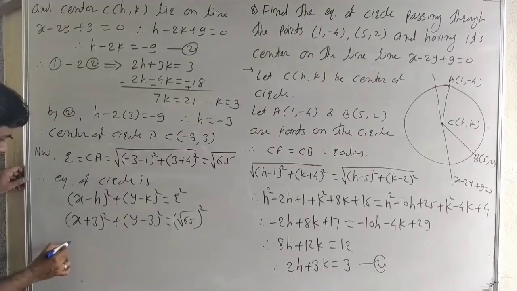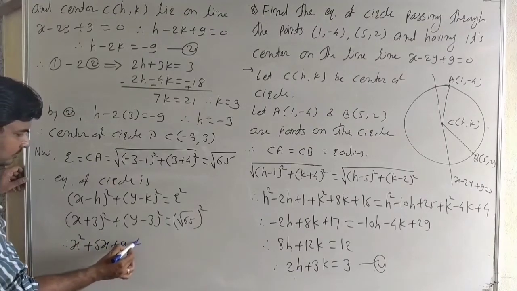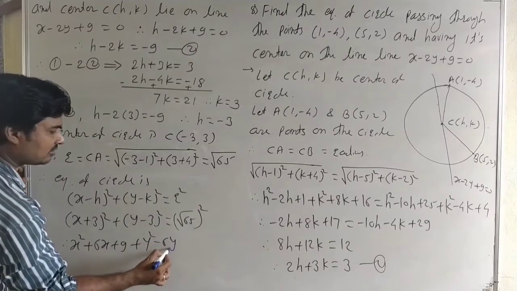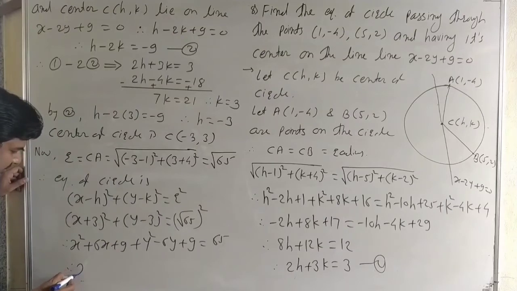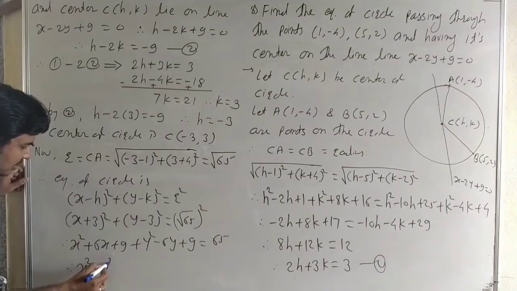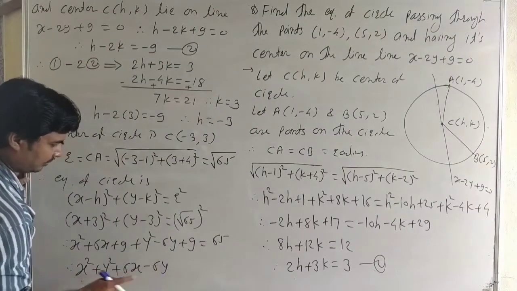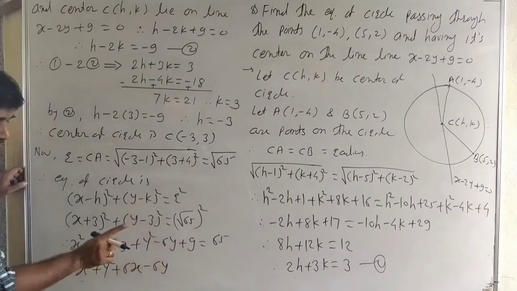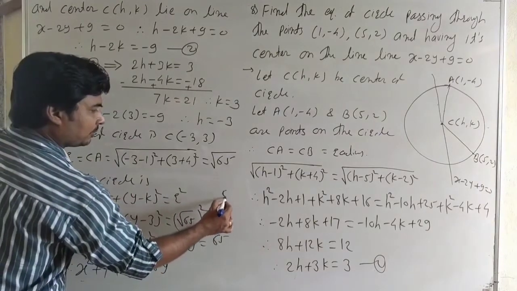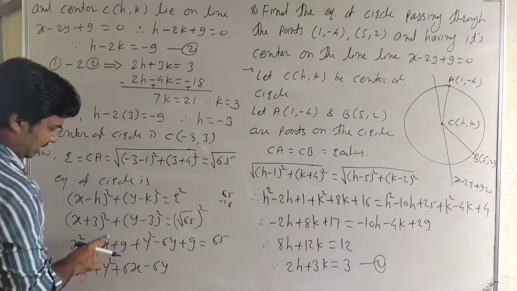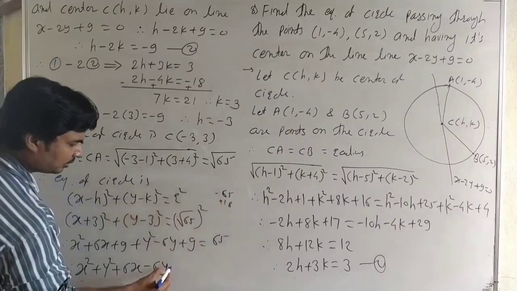Then x square plus 6x plus 9, y square minus 6y plus 9 is equal to 65. And then the last answer: x square plus y square plus 6x minus 6y, and 9 plus 9 is 18. Here 18 is plus, and 65 moves to the other side with a minus.